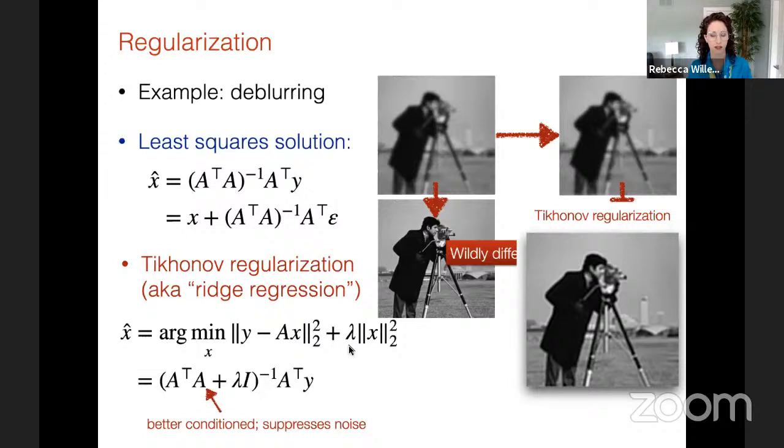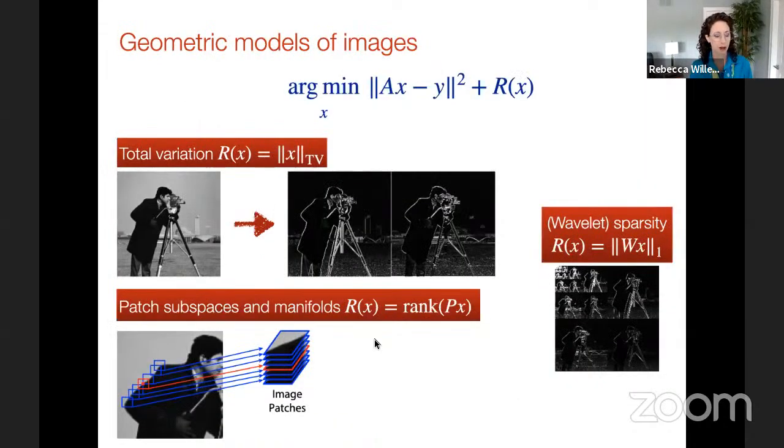regularization, where we just have this penalty or regularization term that corresponds to the sum of the squares of all the pixels. So for instance, people have looked at total variation, where they would define a regularization function that measures the sums of the absolute values of all of the, say, vertical neighboring pixel differences and horizontal neighboring pixel differences.